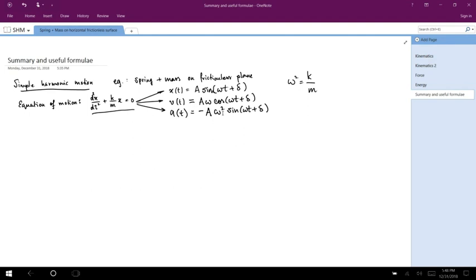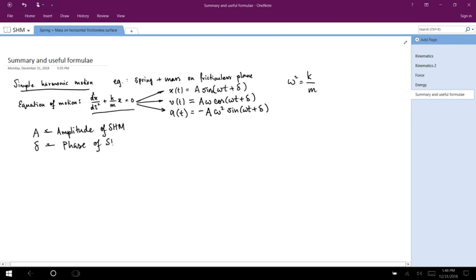Some important parameters in this problem are the following. A is referred to as the amplitude of the SHM, and δ is referred to as the phase of the SHM.